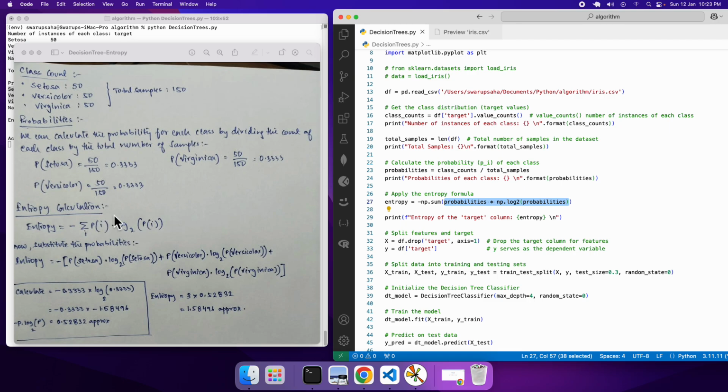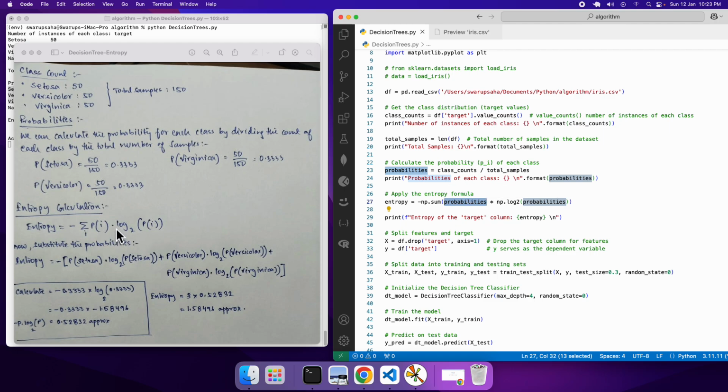Whatever calculation is done, the summation works on that. The summation will be done with np.sum, and we have already found the probability of the respective classes, that is 0.3333 for all three classes. That is what the probability refers to here.